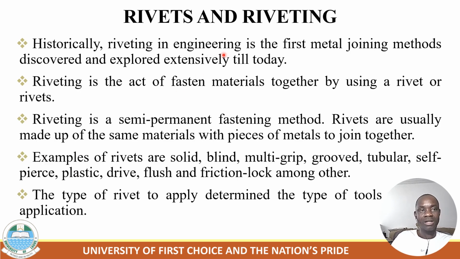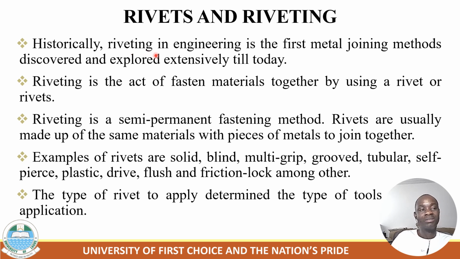Rivet and riveting. Historically, riveting is the first metal joining method discovered in engineering and is still exploited extensively today. In the aviation industry, aeroplanes, rocketry, and the like make use of rivets to join them together because they are made up of sheet metal.